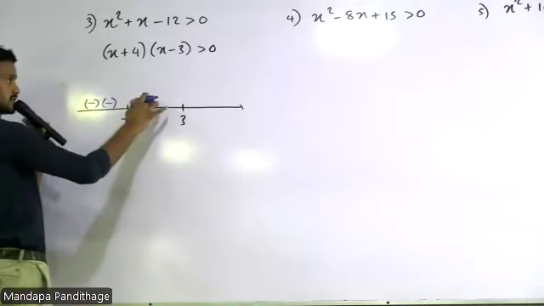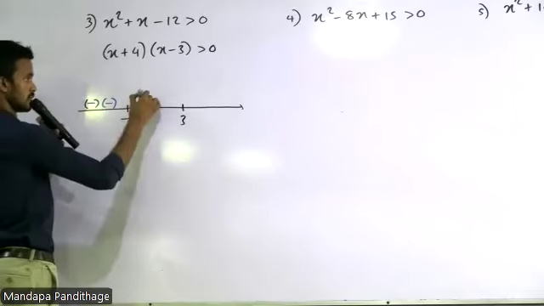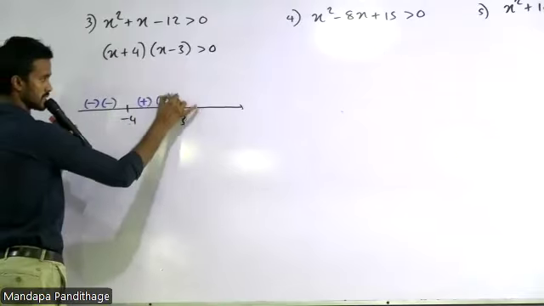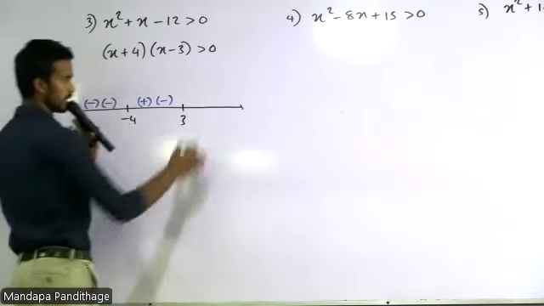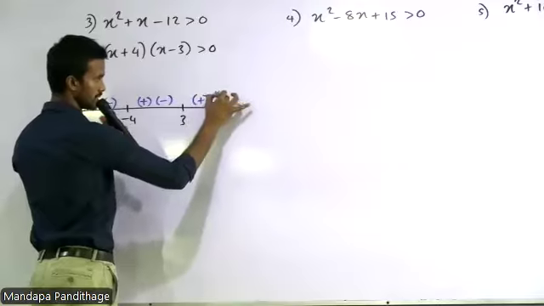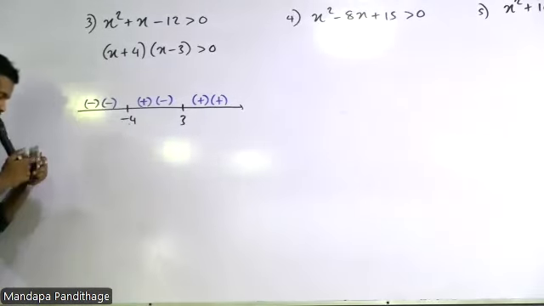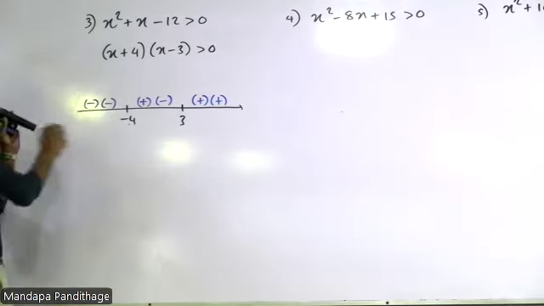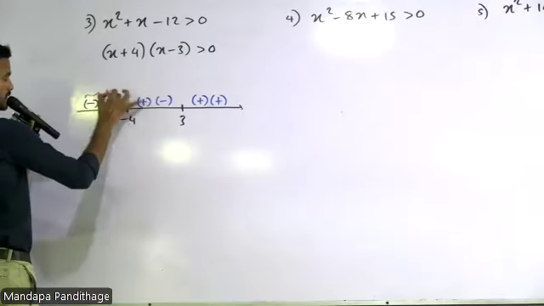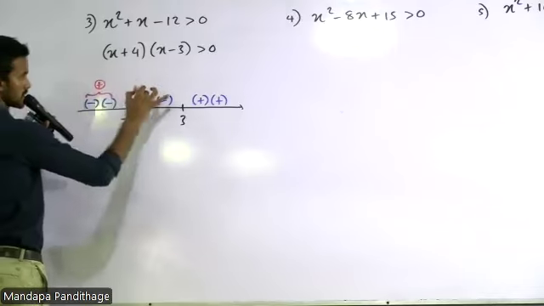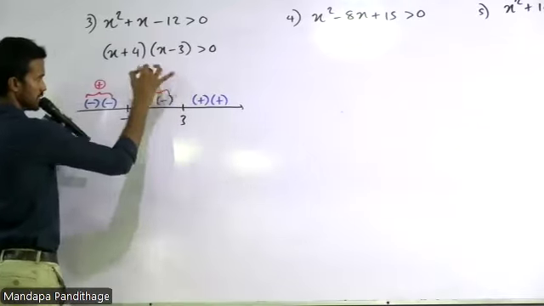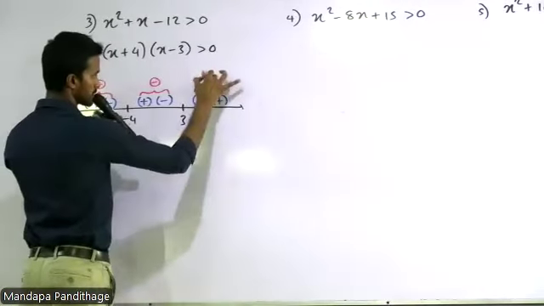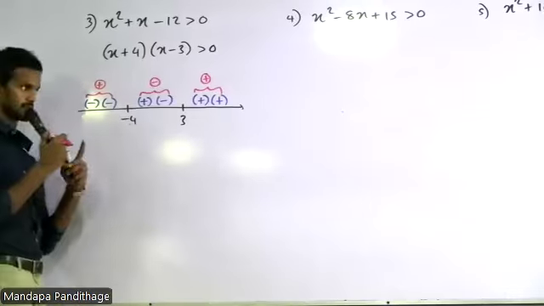If you take plus 1, this is now plus, but still this is minus. Any number greater than 3, these two will be plus and plus. Which means inside this range, this is plus, this is minus, and this becomes plus. Clear? You are getting plus, minus, and plus.